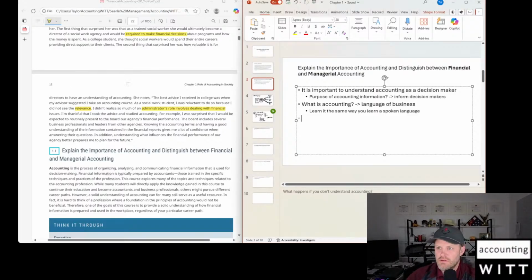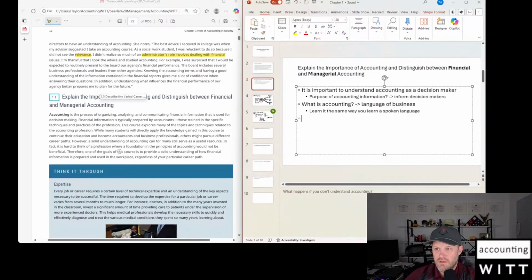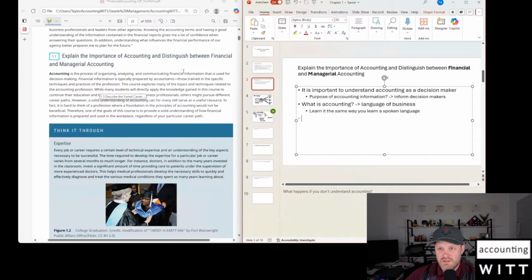All right, so 1.1. Explain the importance of accounting and distinguish between the two. All right, so we've established it's a language, but now there's different languages, different dialects.